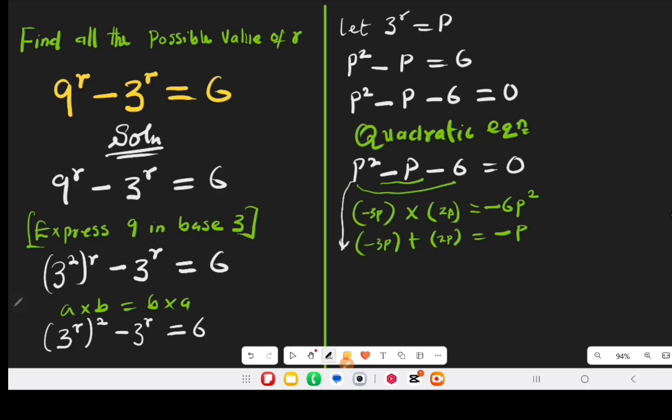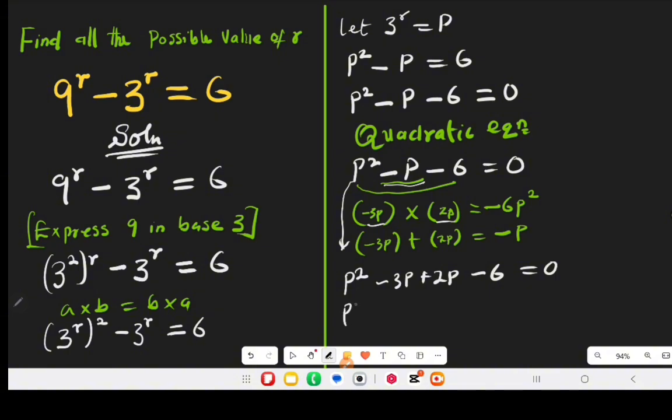Now we continue. This will be p squared. In place of minus p, we replace it with the two terms, which is minus 3p plus 2p, minus 6 equals 0. When we add minus 3p plus 2p, we get back minus p, so nothing changed. What we do, we group them into two brackets.